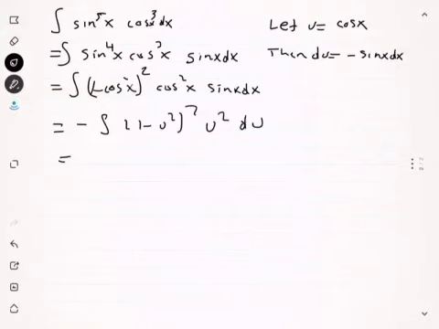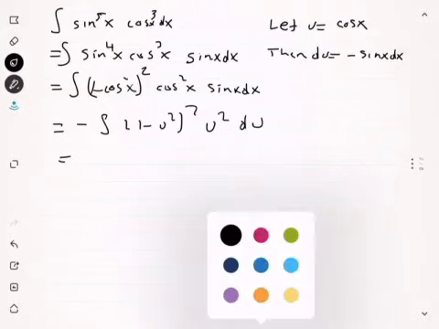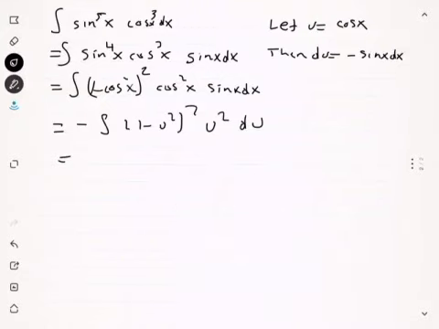Multiplying this out, we get negative the integral of 1 minus 2u squared plus u to the fourth power, times u cubed, since this is cosine cubed, du.